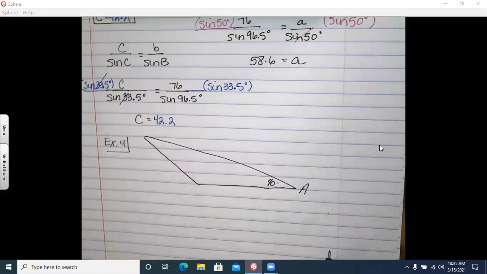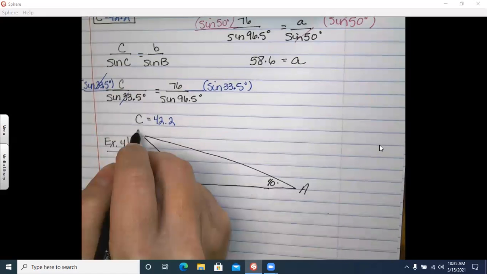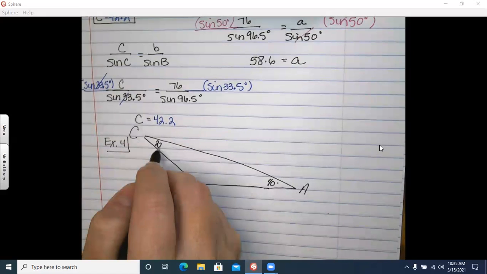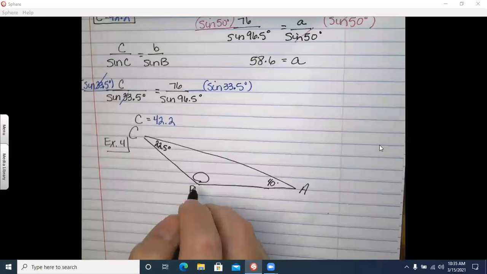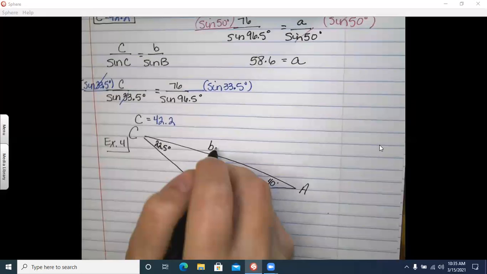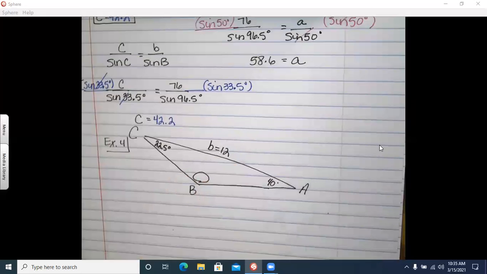We're given angle C is 22.5 degrees. We don't know angle B. We know side B is 12. And that's all we know. So y'all do this one on your own.